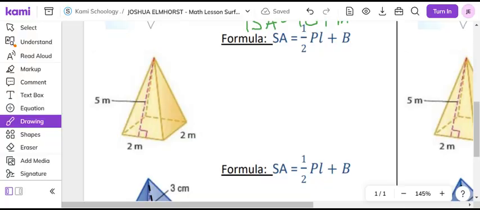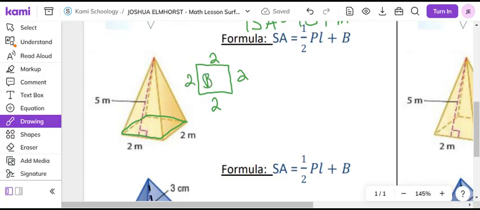All right, let's take a look at example 2. So go ahead and trace around the perimeter of that pyramid base. And what type of shape is the perimeter? It is a square, so let's draw it out just to help us out.